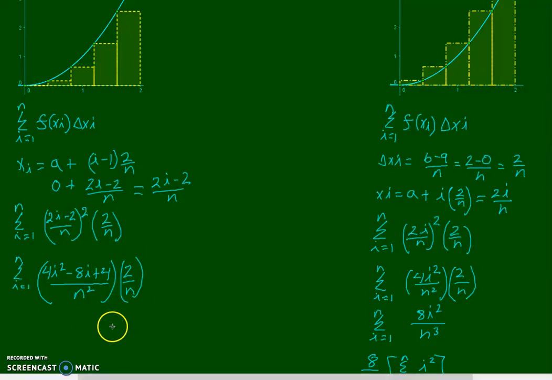And we've got to multiply this through, so we get 8i squared minus 16i plus 8 all over n to the third.